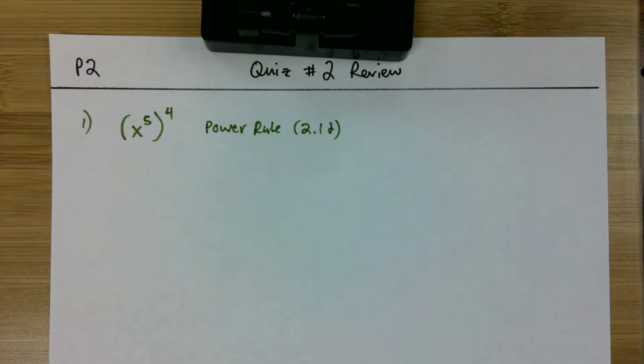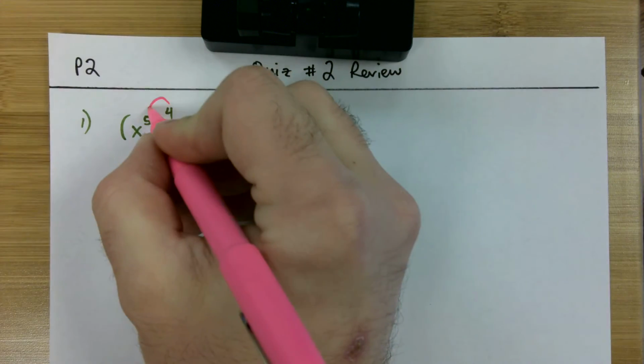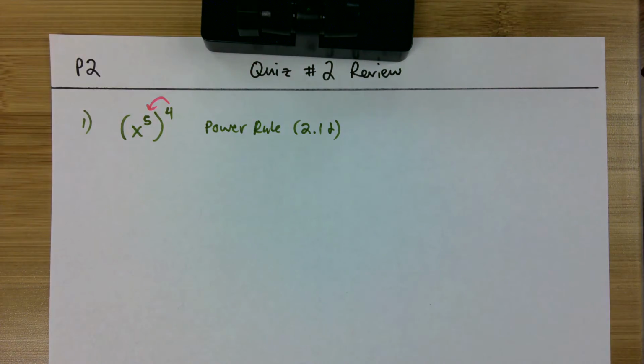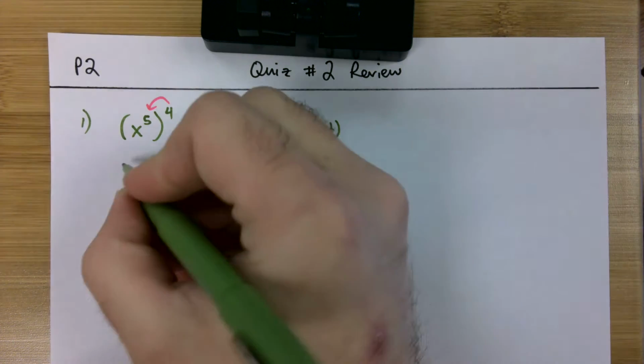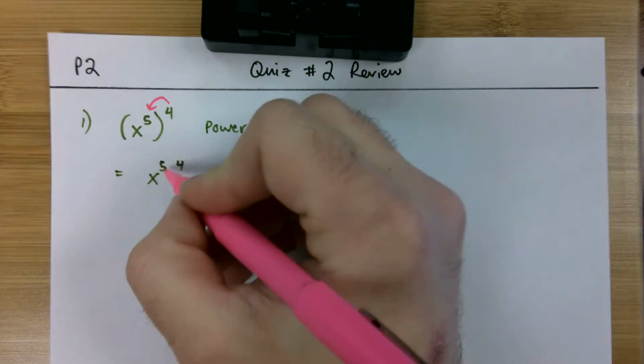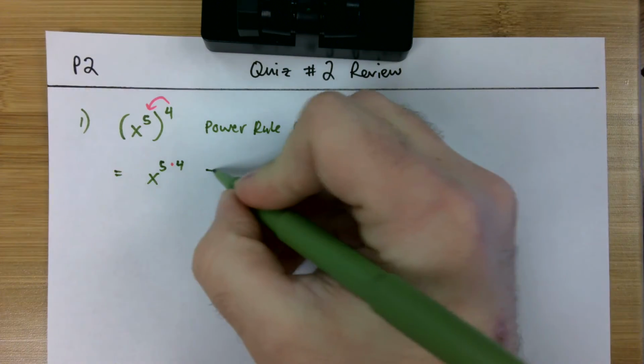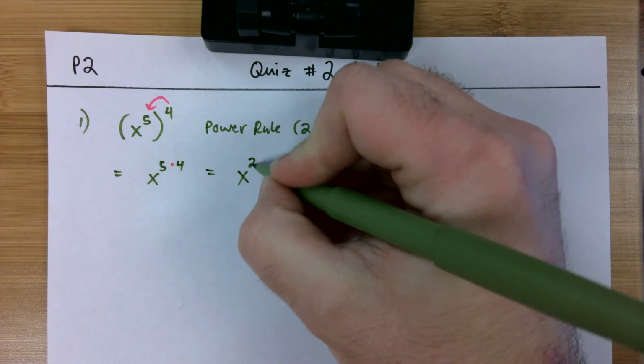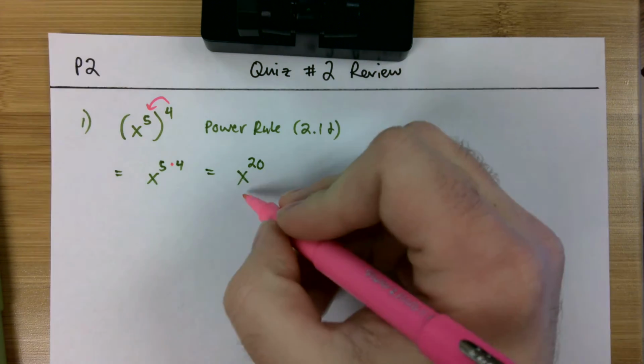When you see parentheses, think of power rule. Parentheses, power rule. Because we're going to multiply these two exponents together. It's like we're distributing the 4 to that x to the 5th, right? So we get x to the 5 times 4, which equals x to the 20th power.